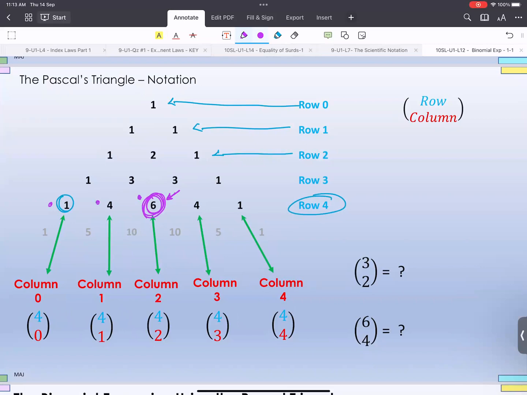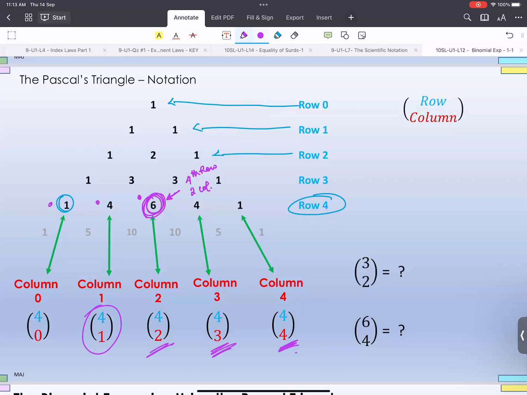So that is 4th row and 2nd column. Remember you're counting from 0 and not from 1. So you always use this notation: row, column. For instance, this is fourth row, 0th column, fourth row, first column, fourth row, second column, fourth row, third column, fourth row, fourth column.